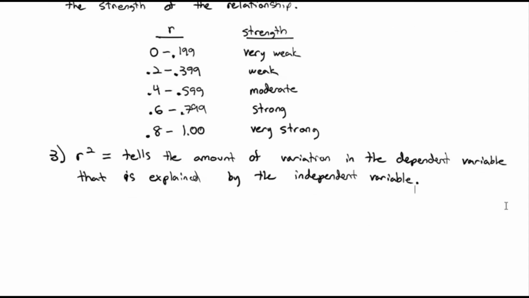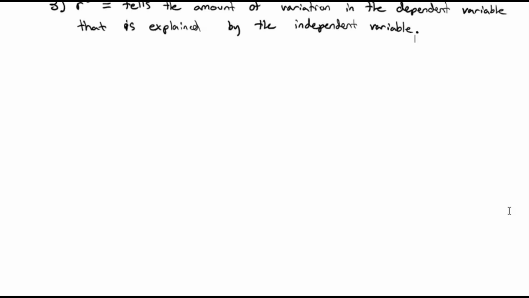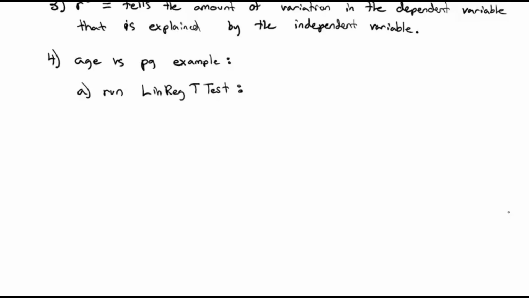This whole concept of the correlation coefficient is probably best seen by going back to our example. So let's go back to our age versus pages example. We can run the lin-reg t-test on our calculator to find these important values, the t value, the r, the p value, and the r squared.